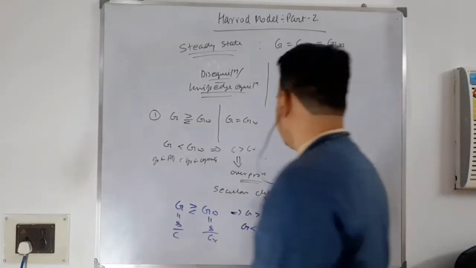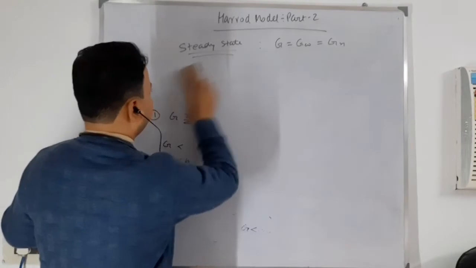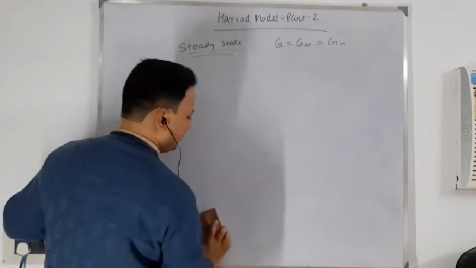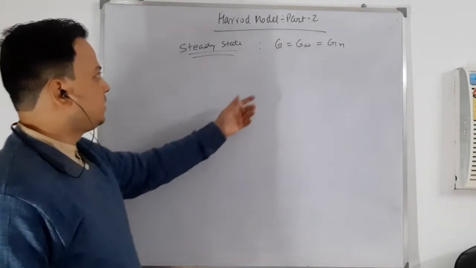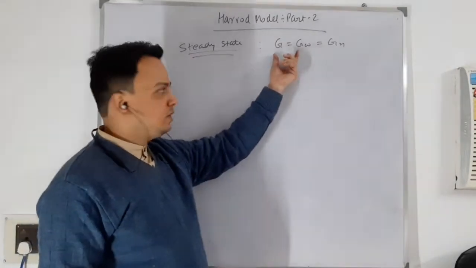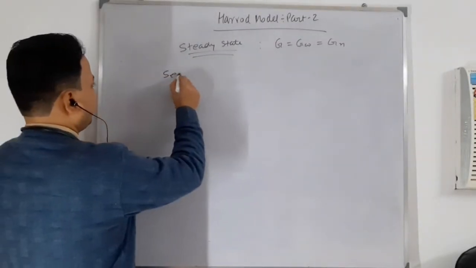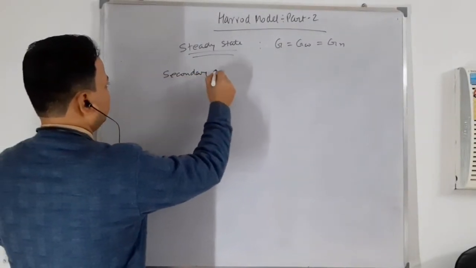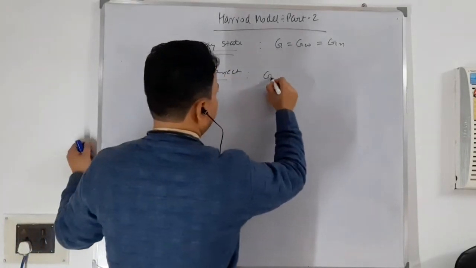Now, there is a secondary element in this growth, that is your natural growth rate. Let's talk about that also. So the primary aspect is your actual growth rate and your warranted growth rate. The secondary aspect of this knife-edge equilibrium is your natural growth rate, GN.